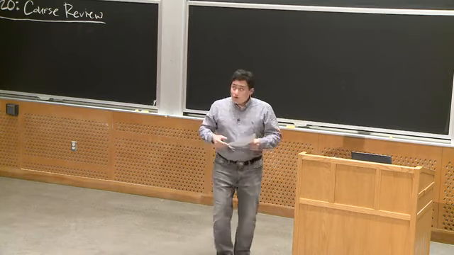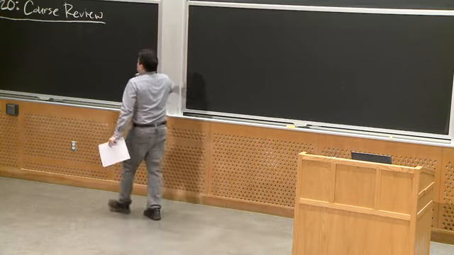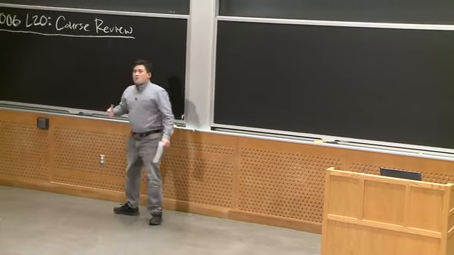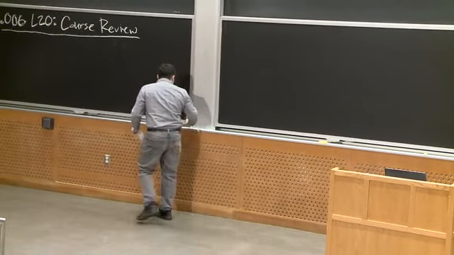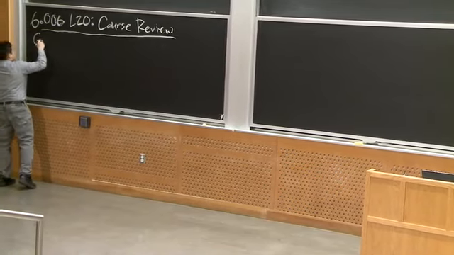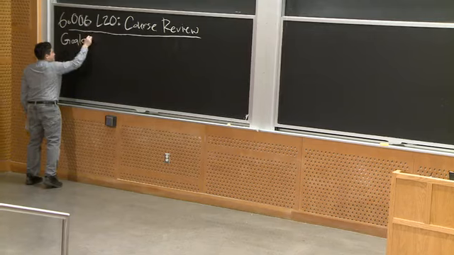Okay, so we started out the term in lecture 1 talking about 6006, and we had 4 main goals that we had for our course, really 3 main goals. Does anyone remember what those goals were?